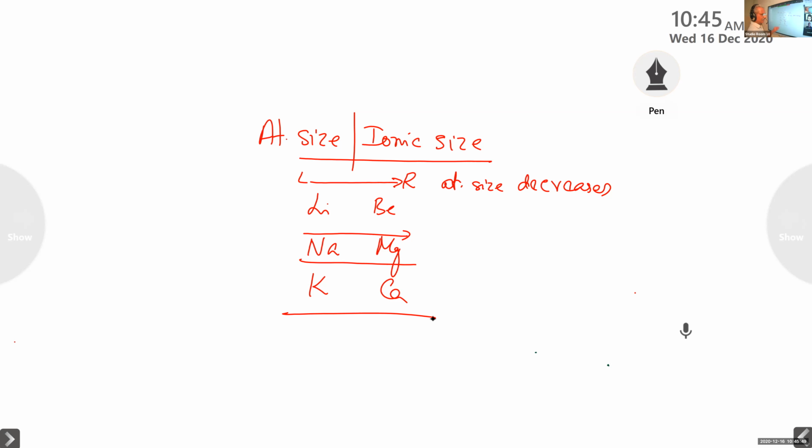But that is not the situation in a group. In a group, from top to bottom, new shells are added, and due to the addition of new shells, the atomic size increases as atomic number increases.